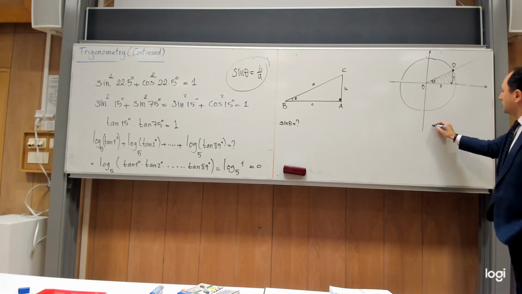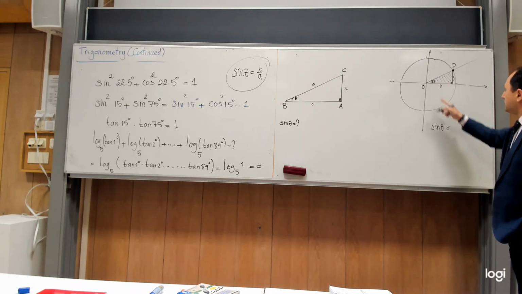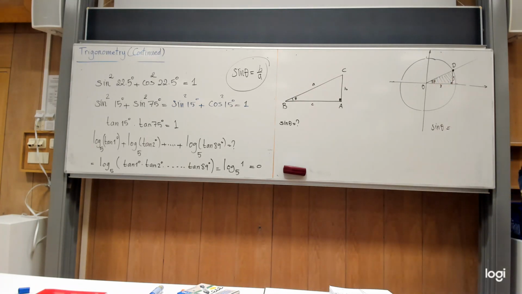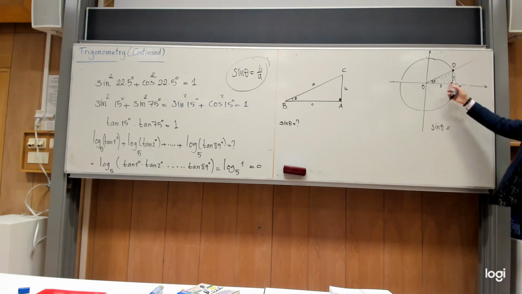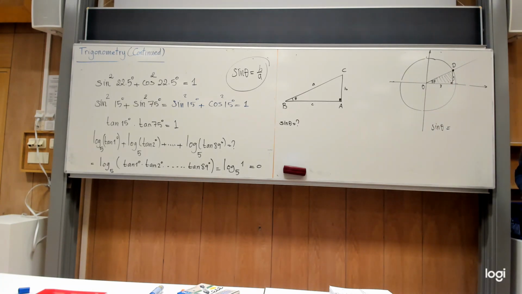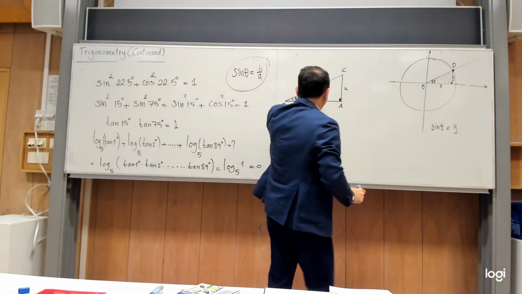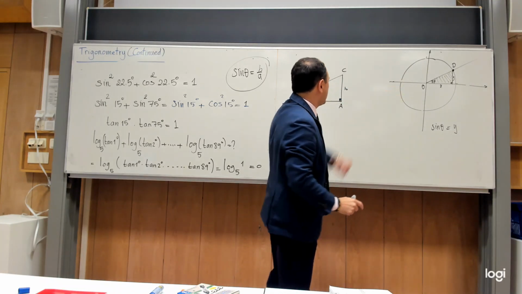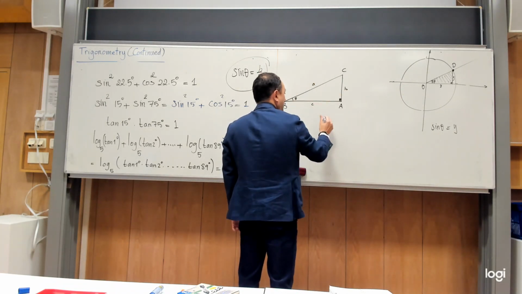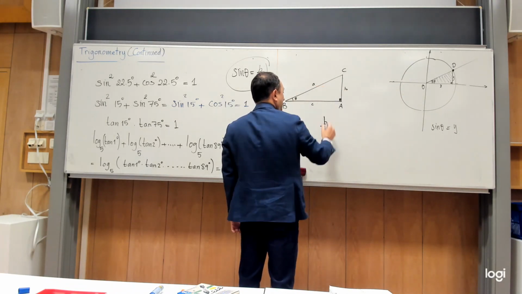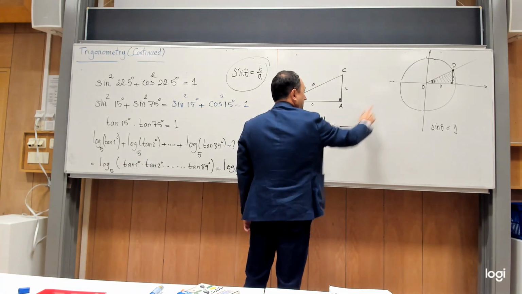If I ask you what is sine of theta, can you answer me in this context? That's the only context we know. What is sine theta in this picture? It's y. Exactly. Agree with me? Now, let us go back here. Do you know that this triangle is similar to that triangle? So it means that whatever b over a is equal to, can you tell me what from that circle?